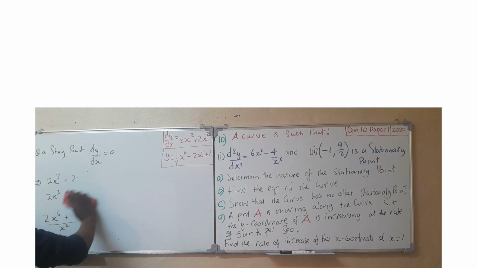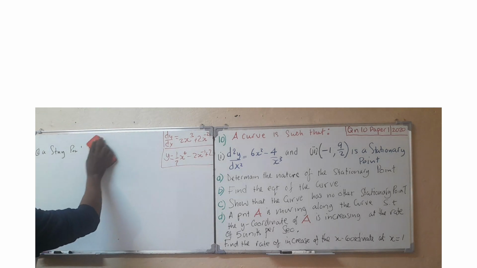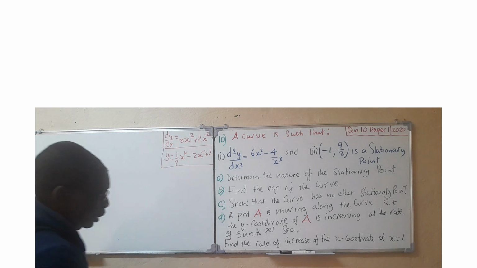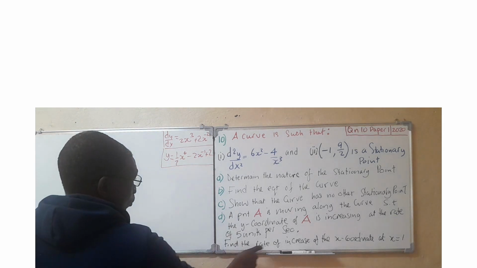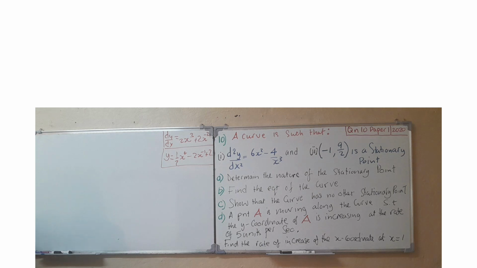Now, the moment you hear the expression rate per second, second, of course, is time. So you are talking about the rate of change of y with respect to t. So straight away we can write this point is moving in such a way that its dy/dt is equal to 5 units per second.